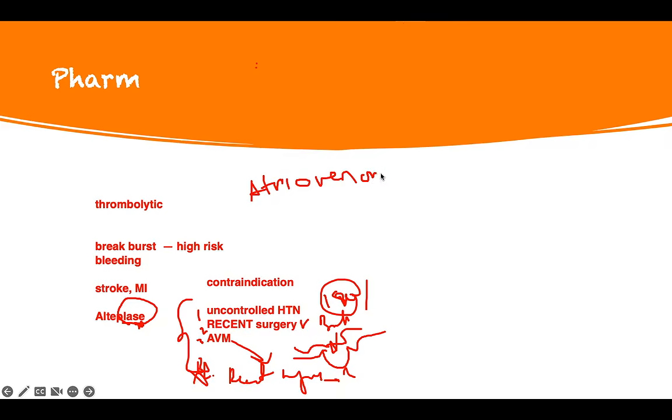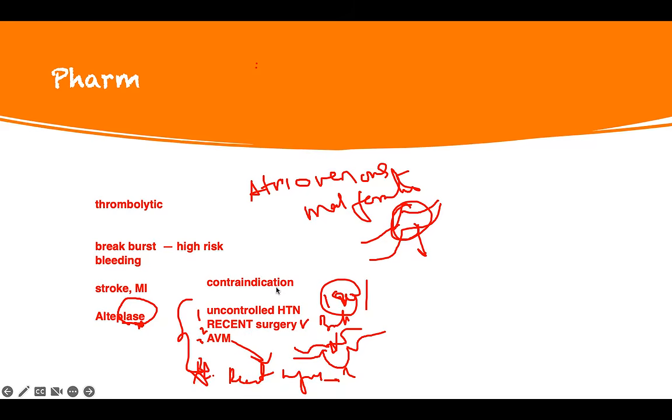That means the artery and the vein are joined together in a certain way and they are malformed. And so they dilate and they can bleed easily. So AVMs are a common cause of bleeding. And so these patients cannot get thrombolytic therapy.